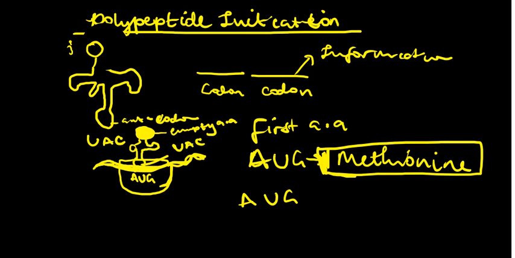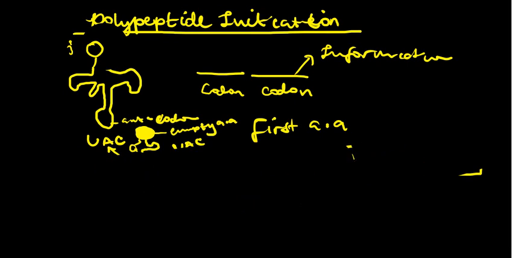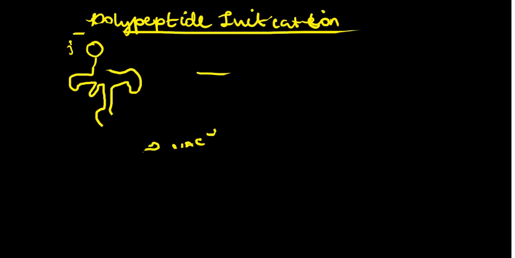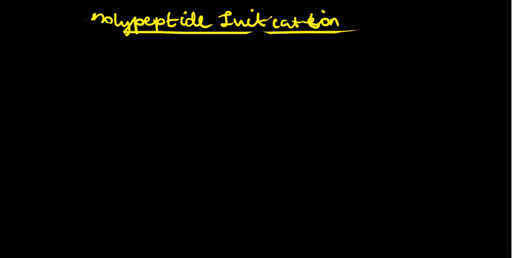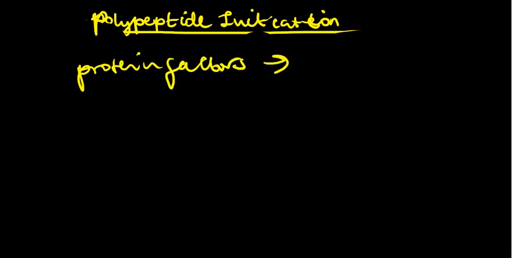Protein initiation factors are involved in this initiation. We have what we call the protein factors, though we'll not really dwell so much on that. These protein factors just help during the initiation process.